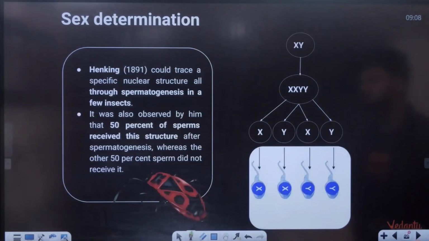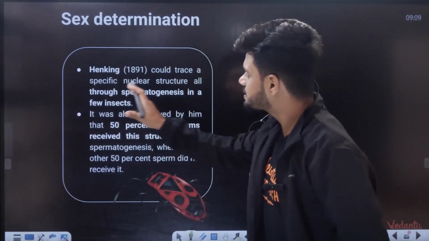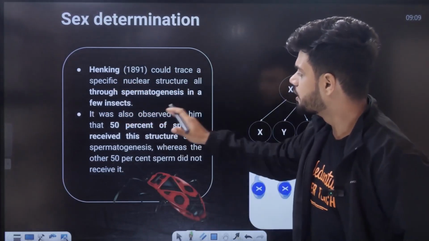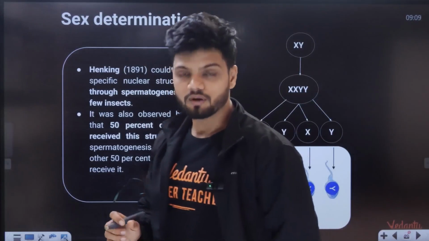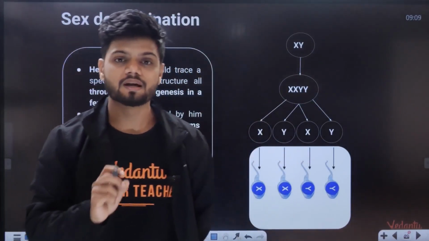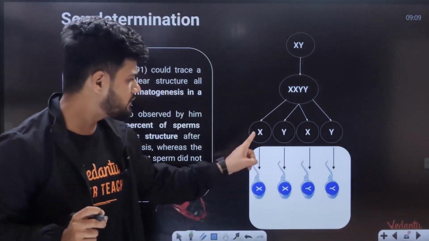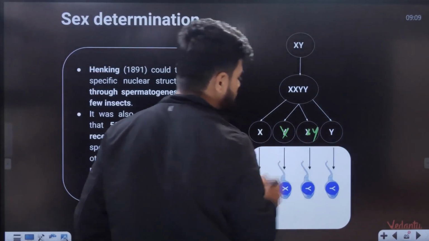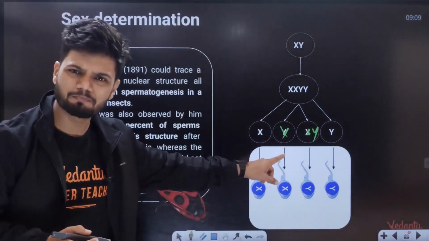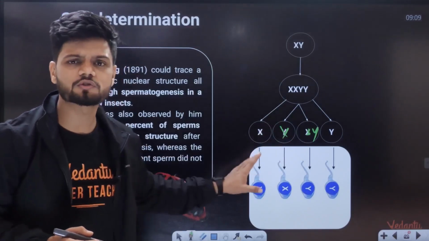Now understand, students. Henking could trace a specific nuclear structure throughout spermatogenesis in a few insects. He observed the spermatogenesis of a few insects and he observed that in 50% of the sperm, this is X, this is Y, the X structure was present.